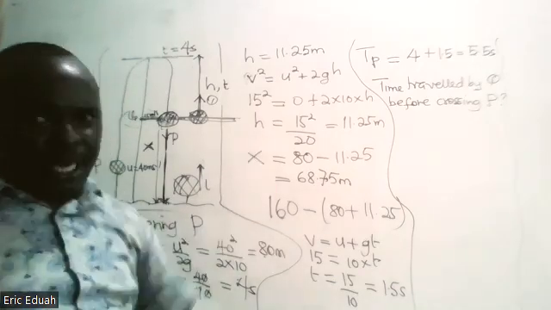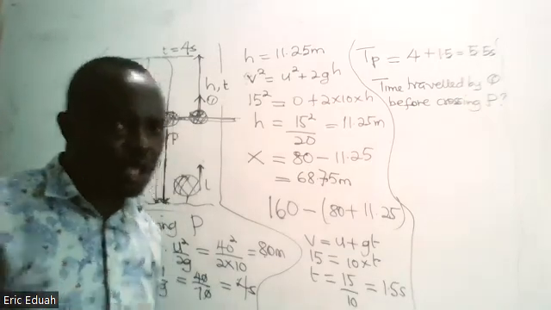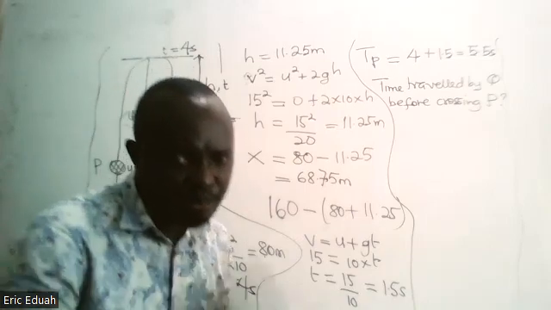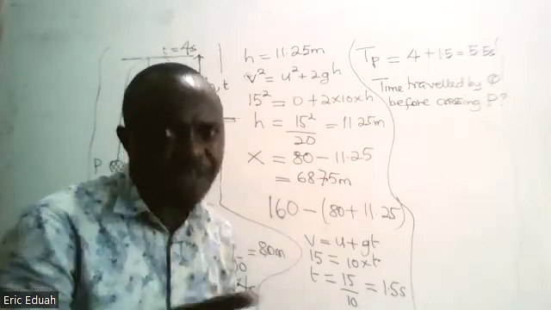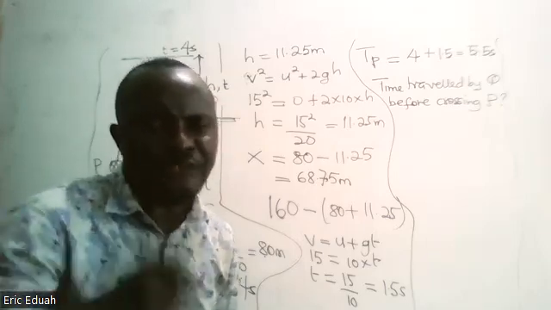So P was thrown, and 4 seconds later, Q is thrown, meaning during the whole flight, P leads Q by 4 seconds.